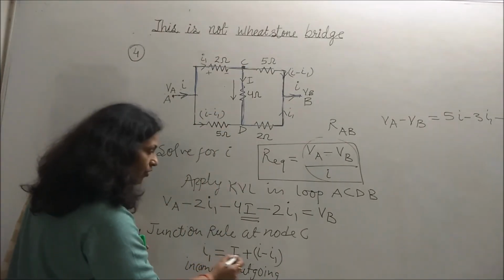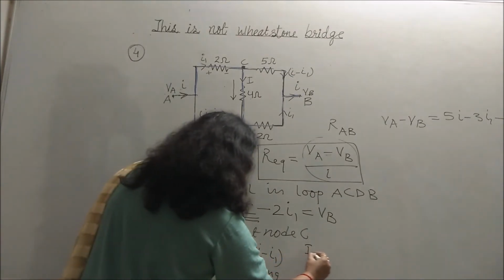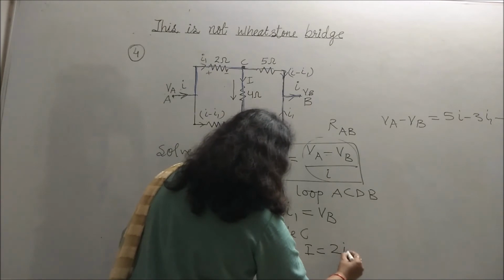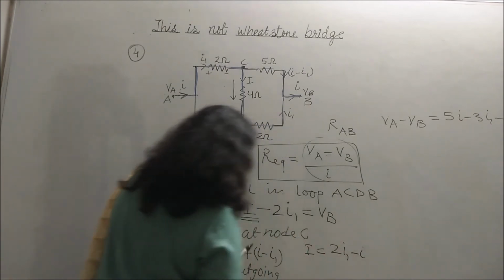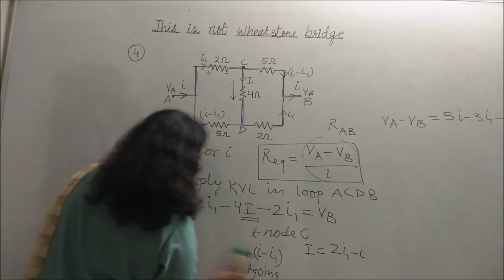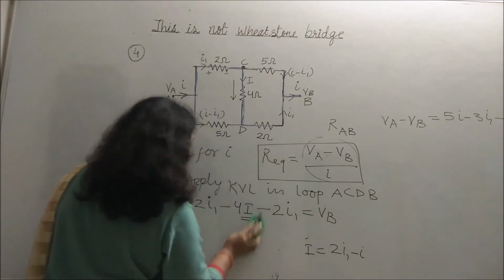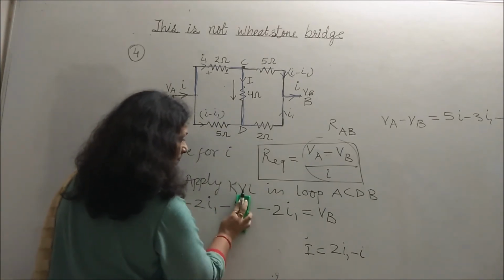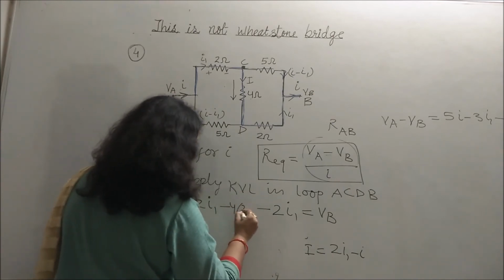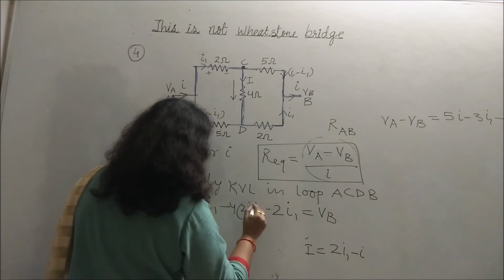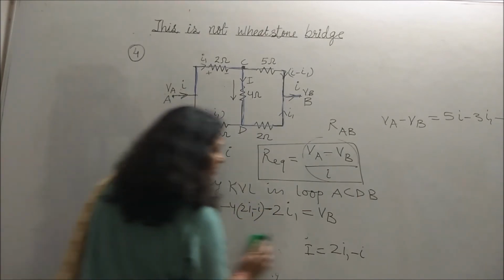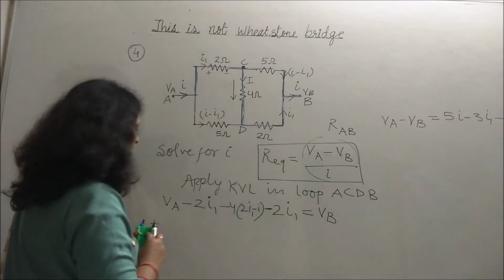Now solve it to find the value of I in terms of this, that is 2I1 minus I. We got this value in terms of I. Now write down or replace this I by 2I1 minus I. Okay, so this is our equation. Simplify it.